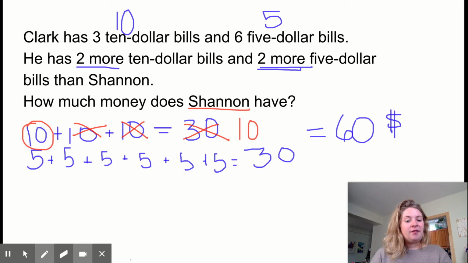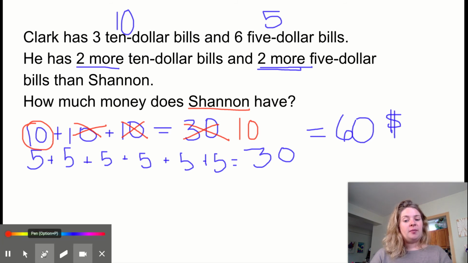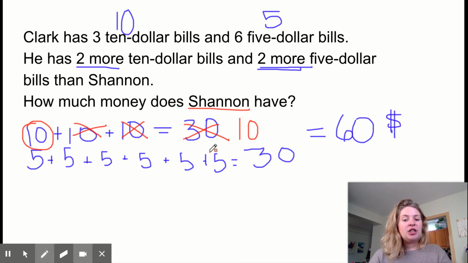Let's see how many $5 bills she has. Clark has 2 more $5 bills. So again, we're going to take 2 of those 5s away. And we can skip count again. 5, 10, 15, 20.